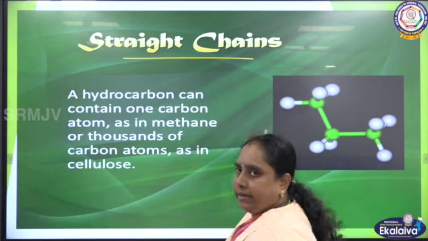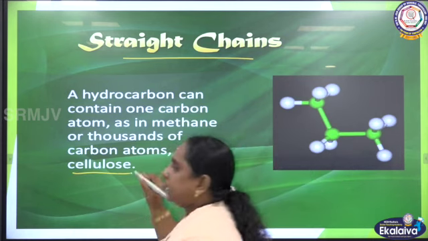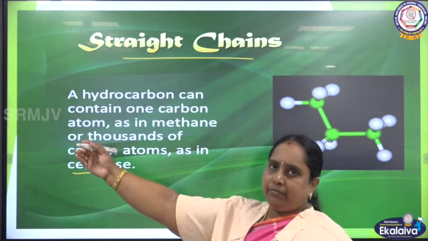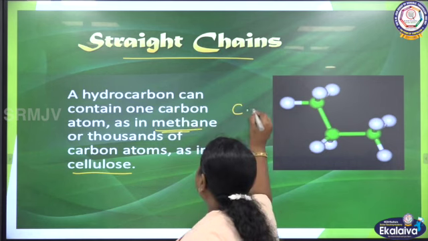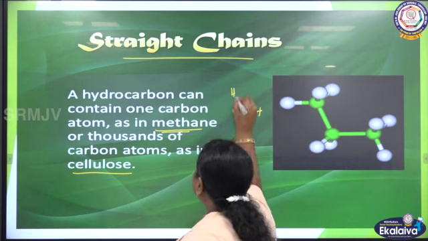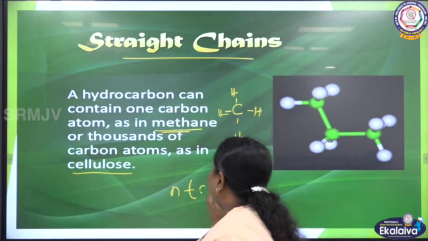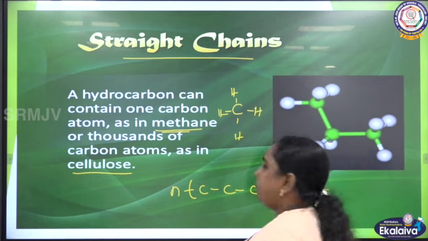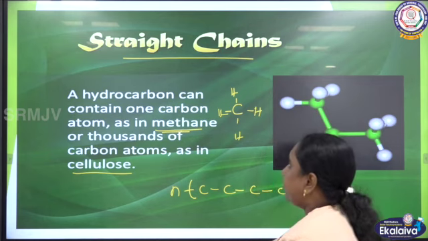For example, cellulose in plants contains hundreds of carbons in a linear chain. If you take the first member, methane, it contains only 1 carbon atom. But in cellulose, there are n number of carbons linked by single covalent bonds. It forms a linear chain compound called cellulose.